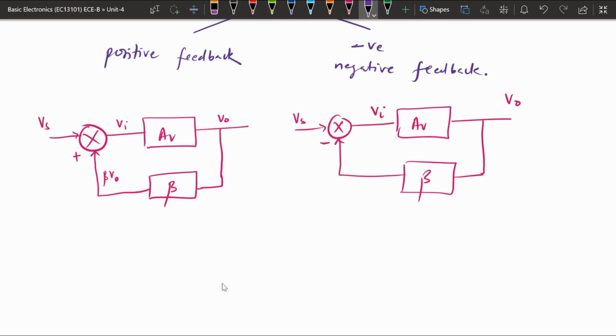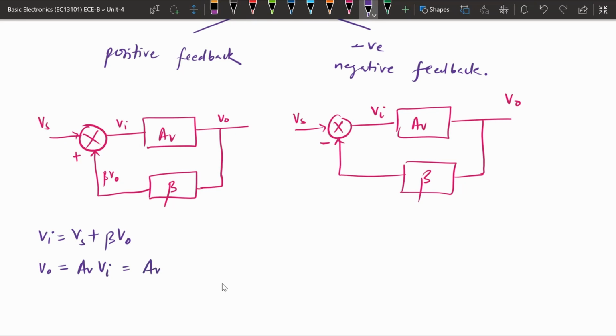So if we want to calculate here, the input voltage in that case will be Vs. In the case of positive, it is plus beta times V naught. So this is your input voltage. And similarly, the output voltage will be gain multiplied by input.